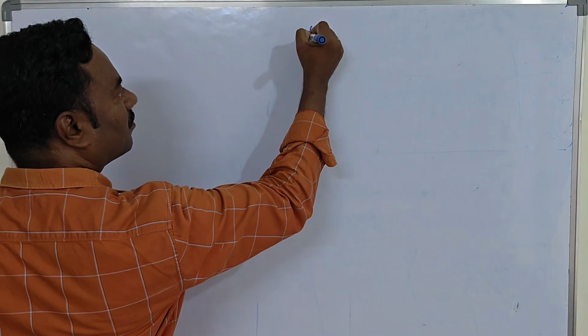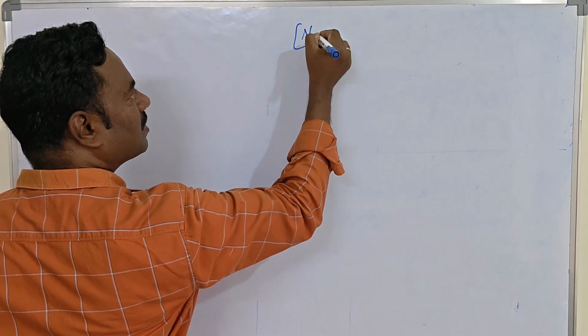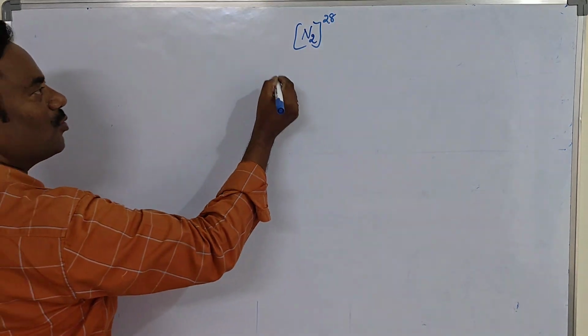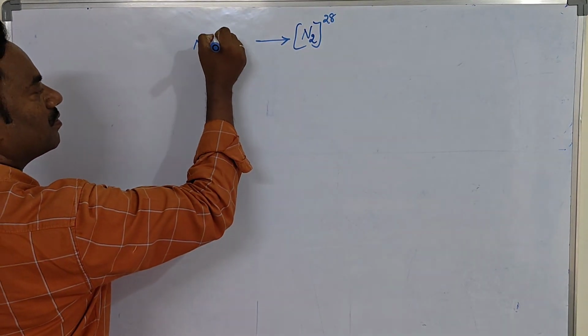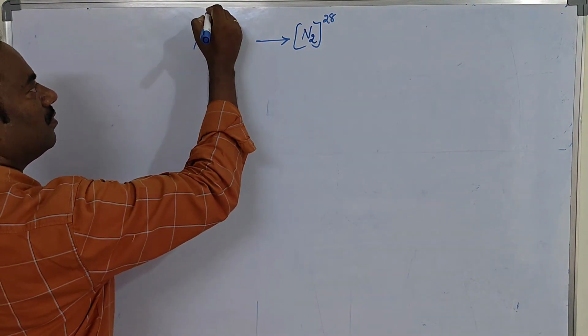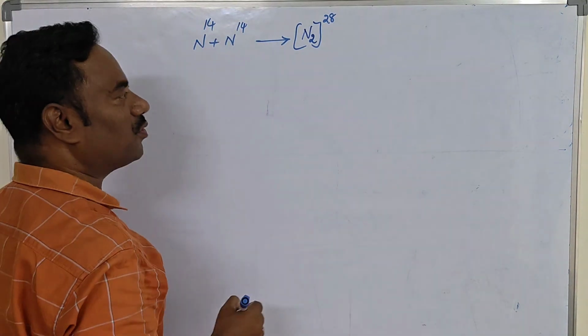N2, its mass 28. How to get N2? By adding two nitrogen atoms. Each nitrogen mass 14 and 14. 14 plus 14, 28.